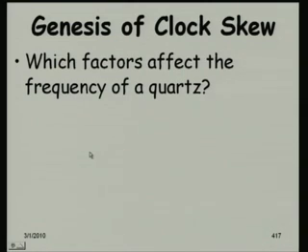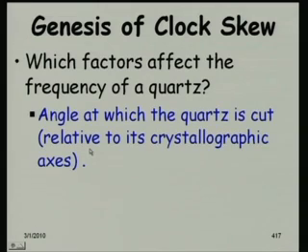But given that these are quartz crystals, why should the clock frequency change across different nodes? Many reasons. One is that the angle at which the quartz is cut relative to the crystallographic axis determines the frequency, right.